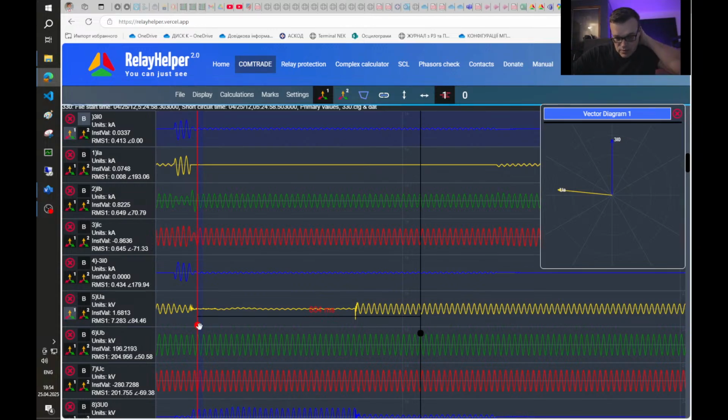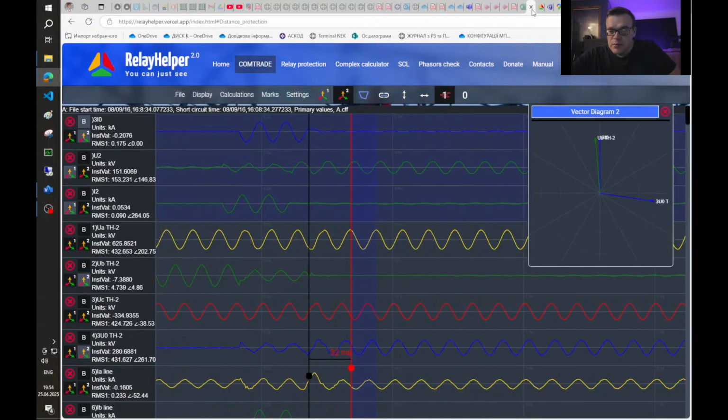You can see that only here the arc went out. This period of time was around 83 milliseconds, and if we look at our case with the 750 kilovolt line, the arc went out in just 32 milliseconds.